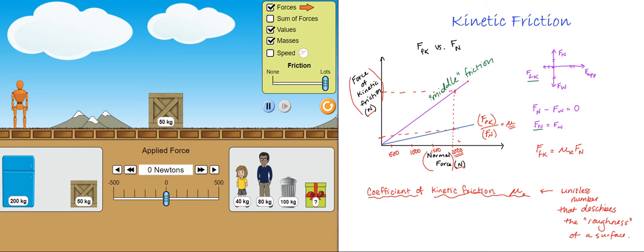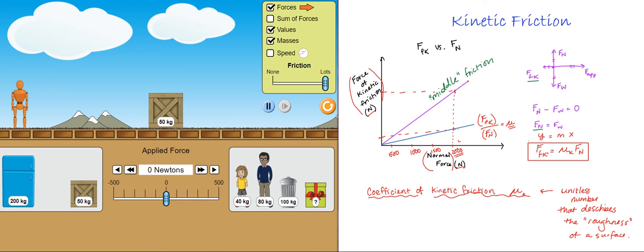This is just a linear equation, right, where y is the force of kinetic friction, the slope is mu, and x is the normal force. So this equation is going to become very useful for us in a lot of different situations that we can use to calculate various things about friction.